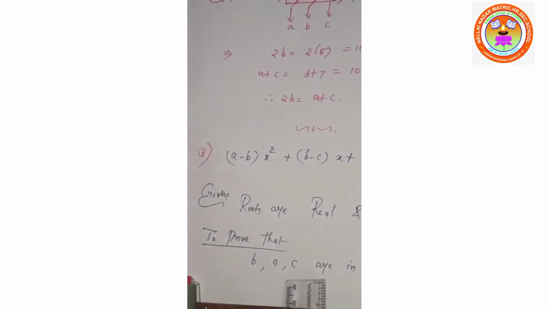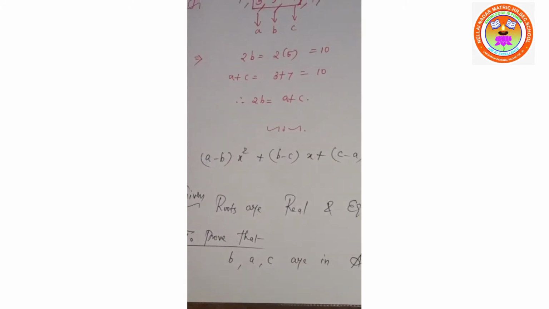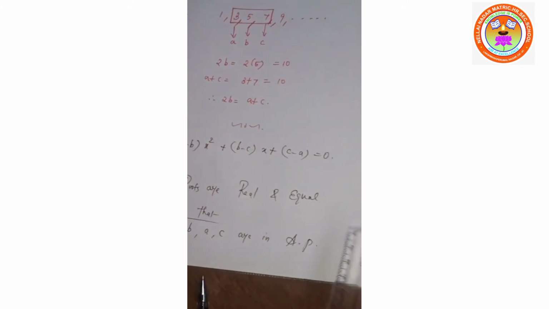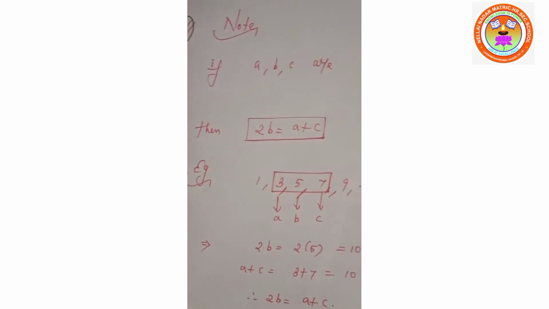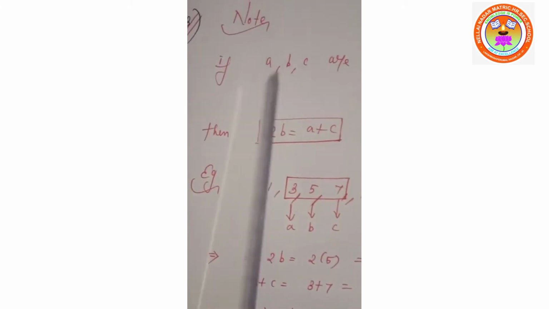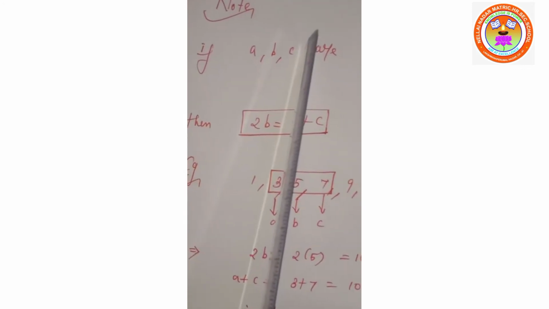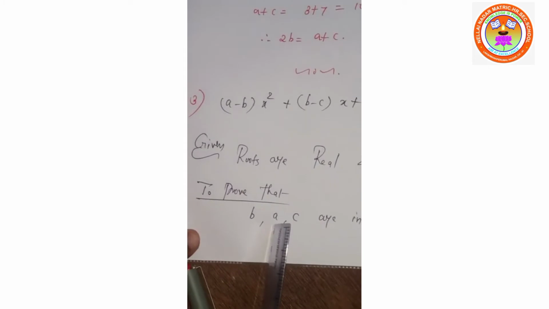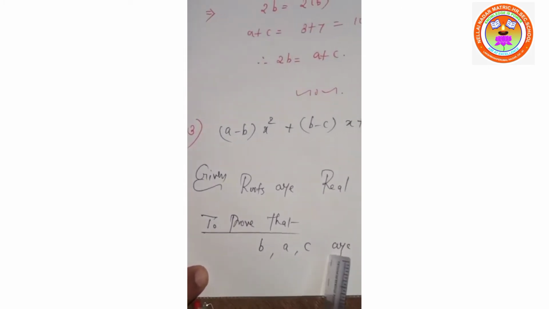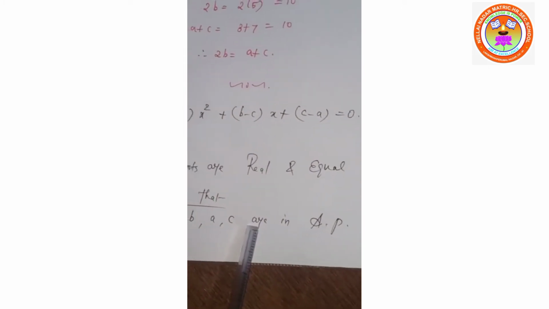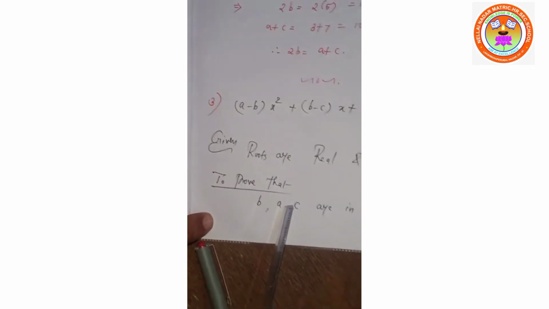We have to prove B, A, C are in AP, not A, B, C. If A, B, C are in AP, B is at the middle, so 2B equals first plus last, A plus C. Here A is at the middle, so 2A equals first plus last, B plus C. So what we have to prove? 2A equals B plus C. So listen carefully.